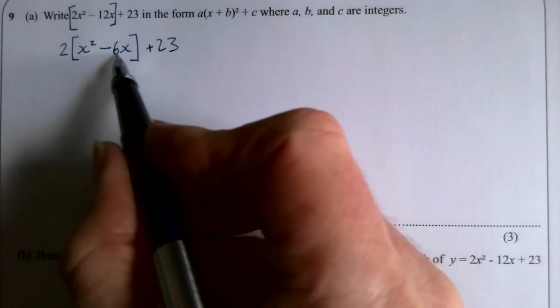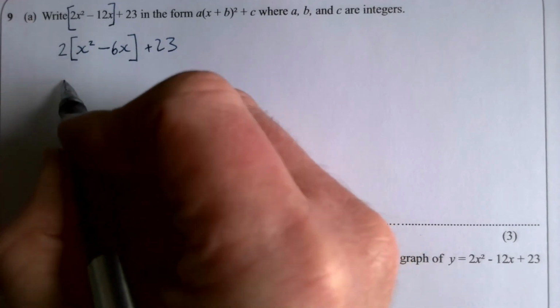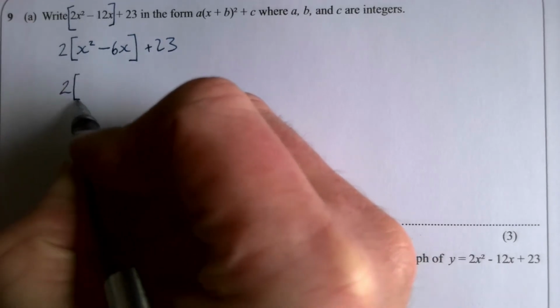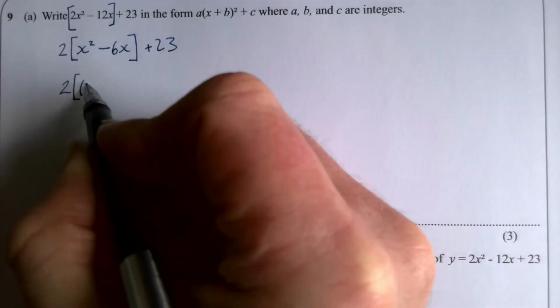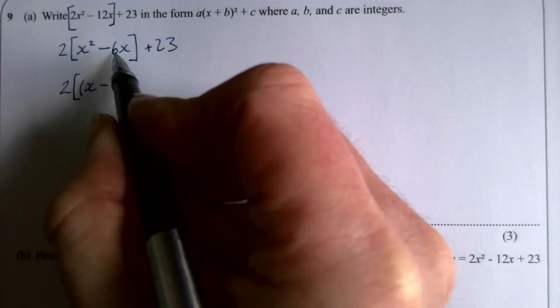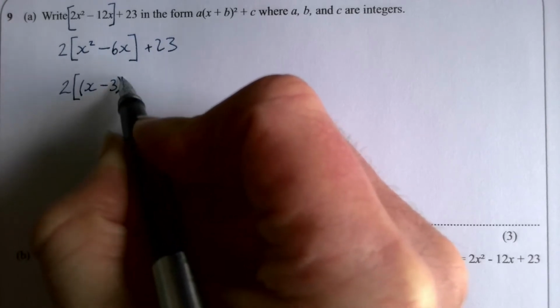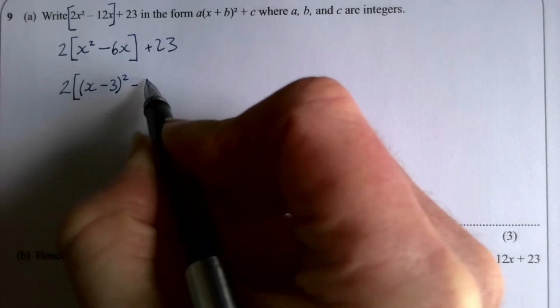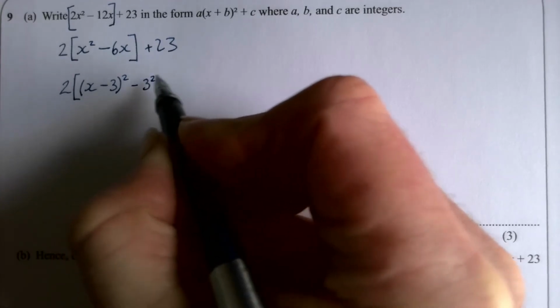Now I'm going to do the same thing to complete the square inside here as I've done before. So keep my big bracket out there, and I'm going to say it's (x take 6/2). Instead of writing 6/2, I'm just going to write 3 though, squared. I'm going to take away that 6/2, which is 3 squared.